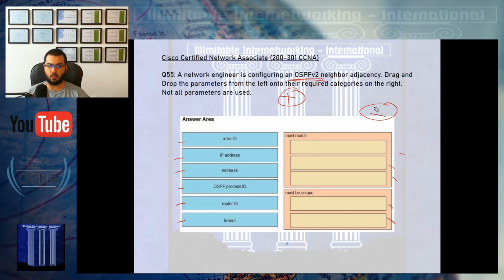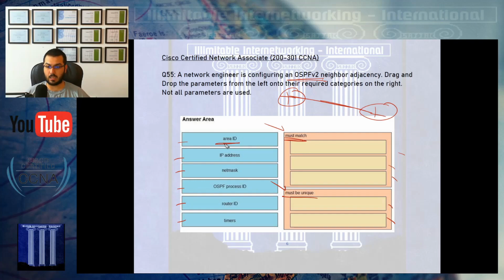This means that I have 2 routers that are connected directly. What are the things that, when I configure both routers, should match to have a neighbor adjacency? What other things must be unique, different for each router, and also establish adjacency?